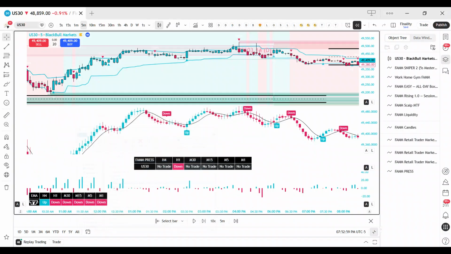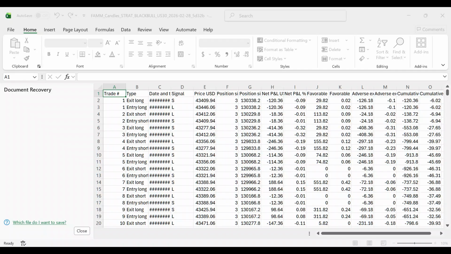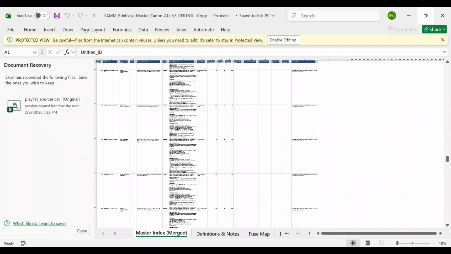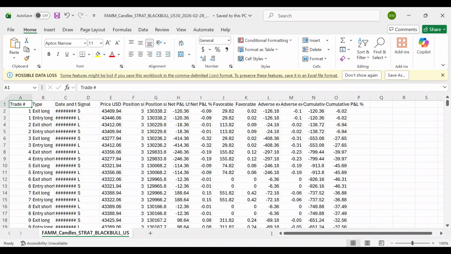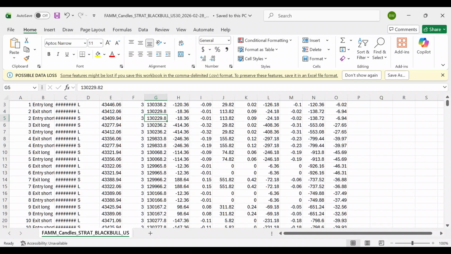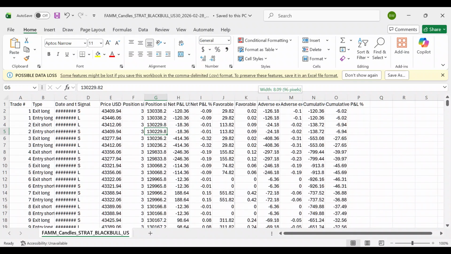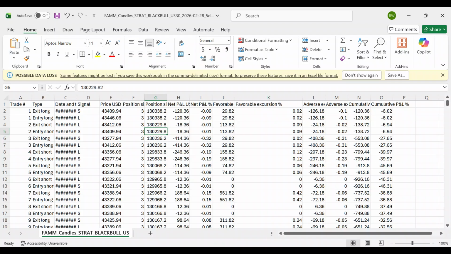So this is what I did earlier. I took these same FAM candle entries, these ups and downs, I turned it into a strategy, and then we took a look at this, what happened, trade by trade. We did it over like 4 years or so, trade by trade.